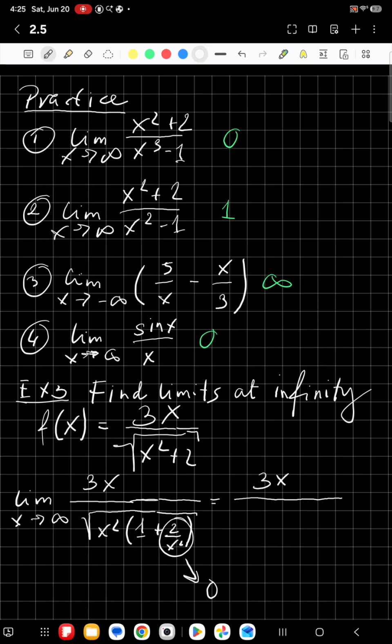So 3x on top, and here I have x squared times 1, so that's the square root of x squared. The square root of x squared is just x. So we get 3x over x, and that is 3. So if x approaches infinity, then the limit is equal to 3.